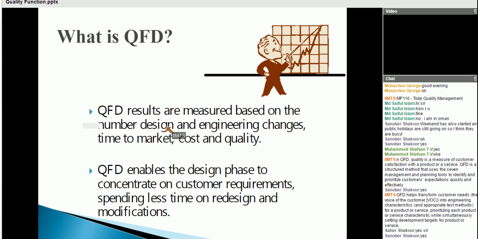So QFD's results are measured on the number of design and engineering changes, time to market, cost and quality. Akshata has also joined. Akshata, can you hear me?